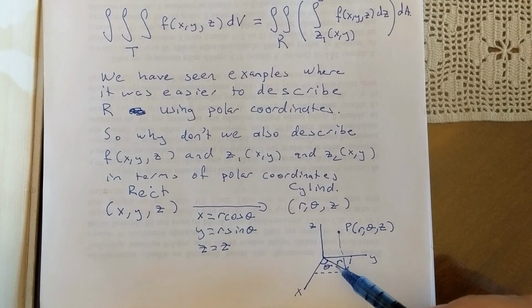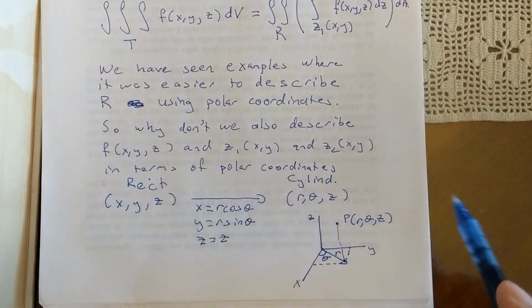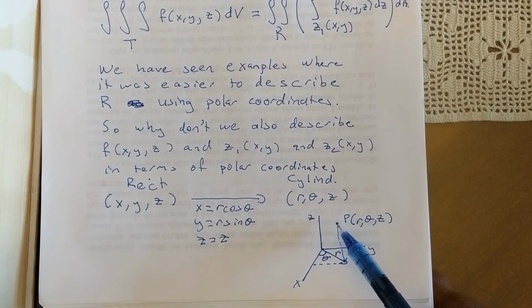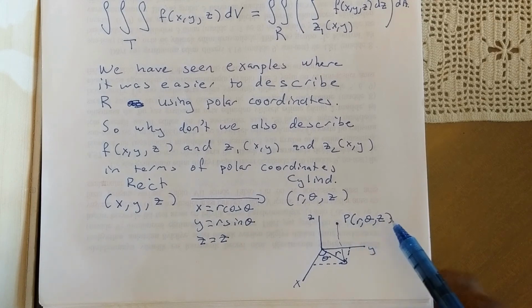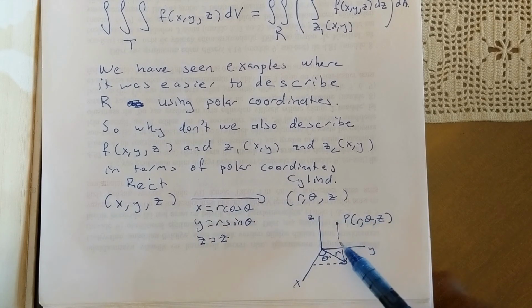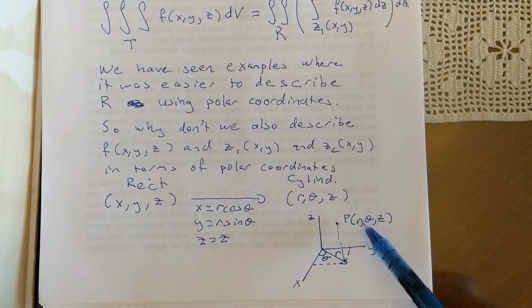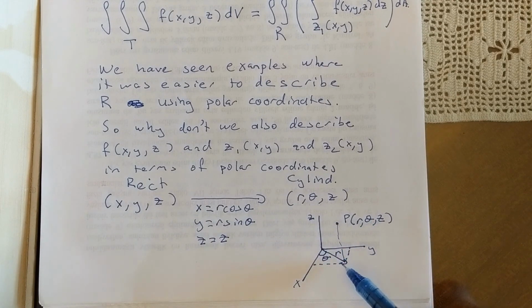So if you look at the picture that I tried to draw, if this is the point that we're trying to represent, we're going to represent it in terms of r, theta, and z, where r and theta are just its polar coordinates on the xy plane, of its projection. So you get the xy coordinates, and you look at what its polar coordinates would be on the plane, and just keep the z the same.